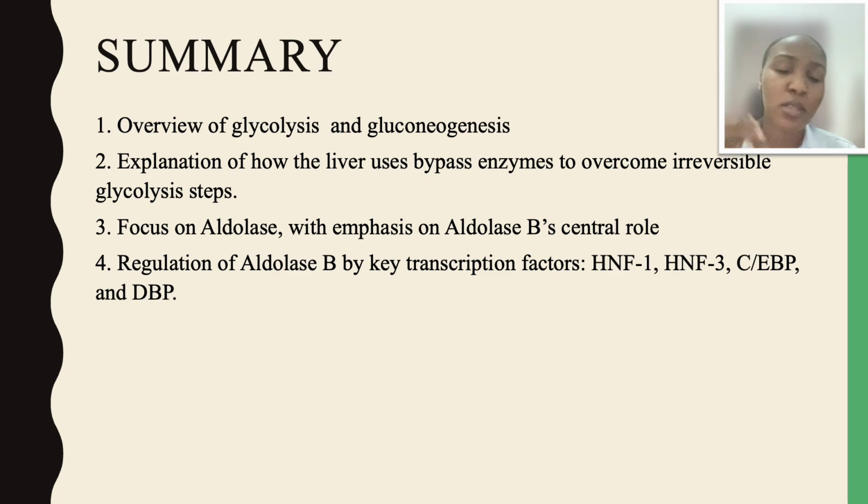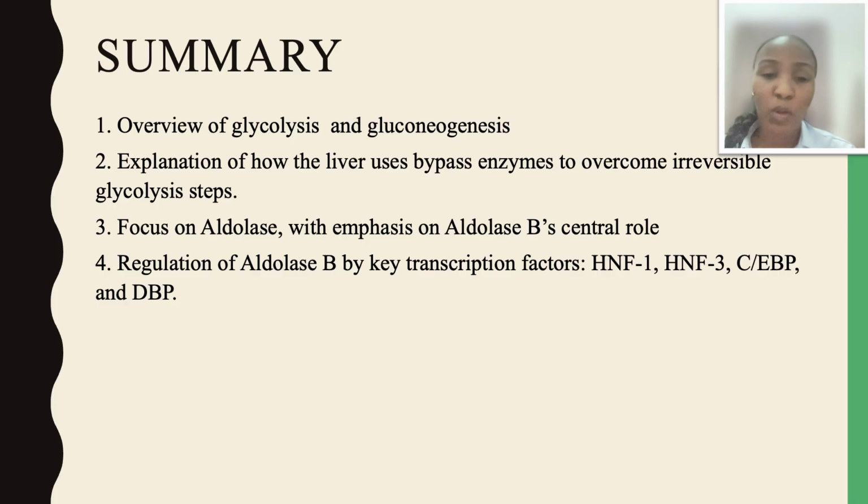We also covered how the liver uses gluconeogenesis when it's shifting into fasting. We focused on aldolase, with emphasis on aldolase B and how important it is. Aldolase B is the only enzyme that can break down fructose 1-phosphate. Without it, there will be a buildup of fructose 1-phosphate in the liver cells.